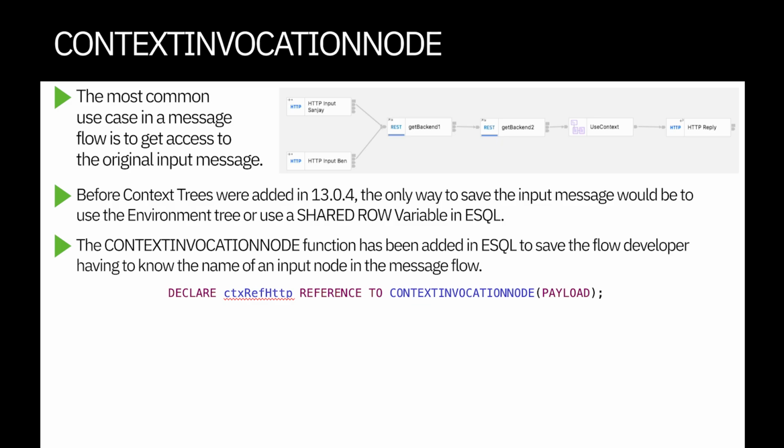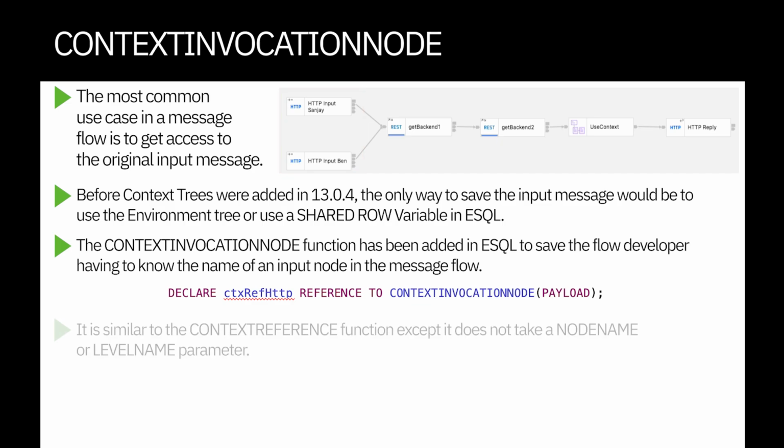The message flow shown on this chart has two HTTP input nodes. When the flow developer is using the contextinvocationnode, they do not need to use the node label. So the contextinvocationnode function is very similar to the contextreference function, except it does not take a node name or level name as a parameter keyword.